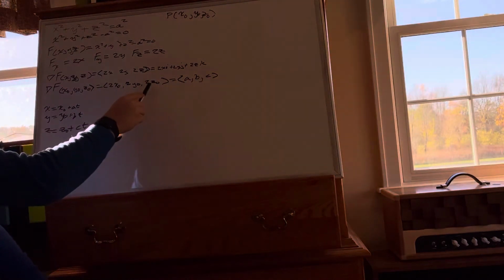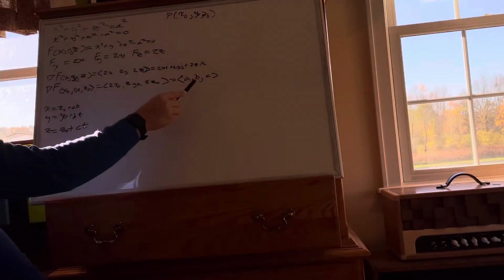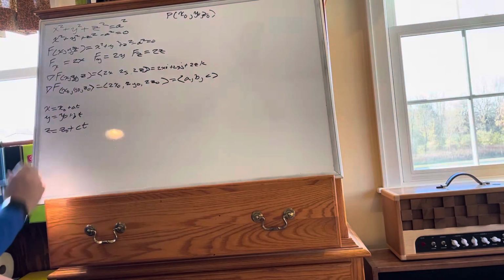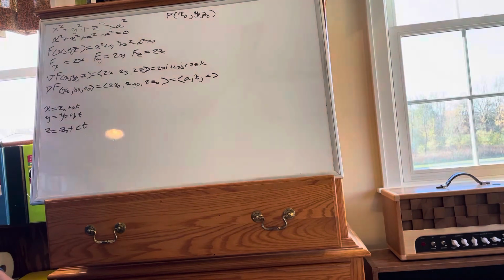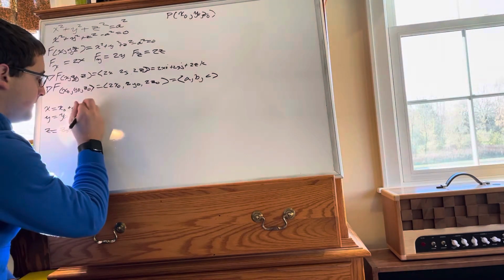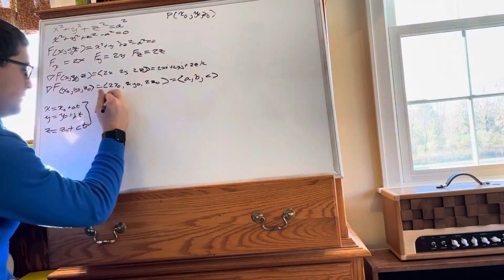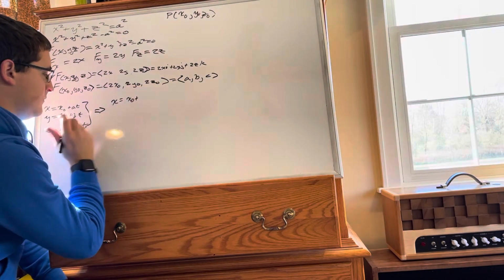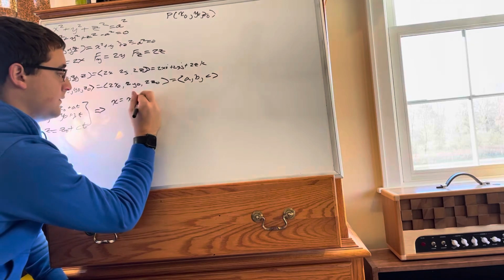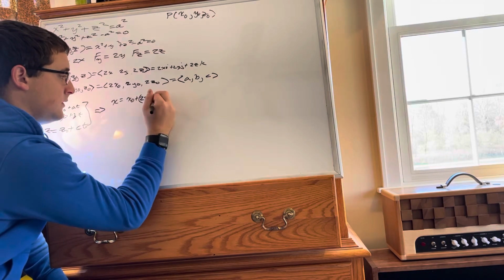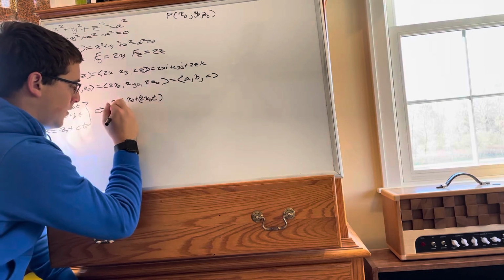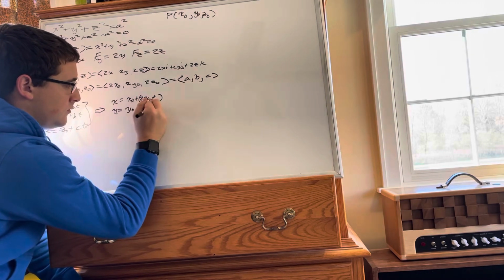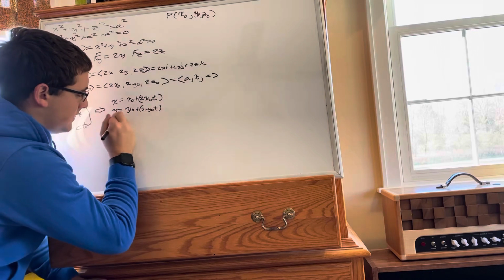So we can plug in our function here: x equals x naught plus 2x naught t, y equals y naught plus 2y naught t, and the same thing for z down here.